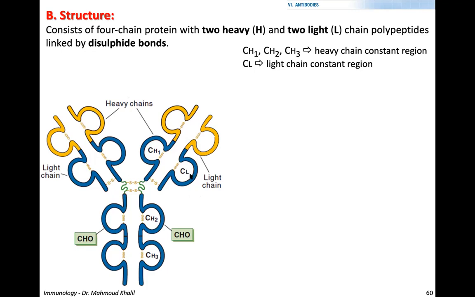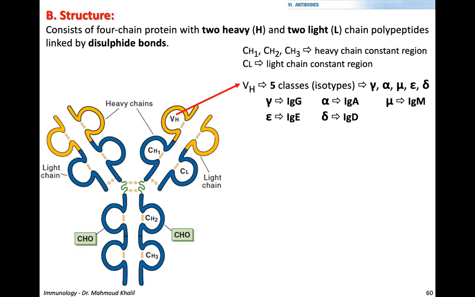For the light chain, there is 1 constant region, CL, constant light, and you can see the variable region of the heavy chain. It is variable because it can vary among 5 classes, generally called isotypes: gamma, alpha, epsilon, delta, and mu.